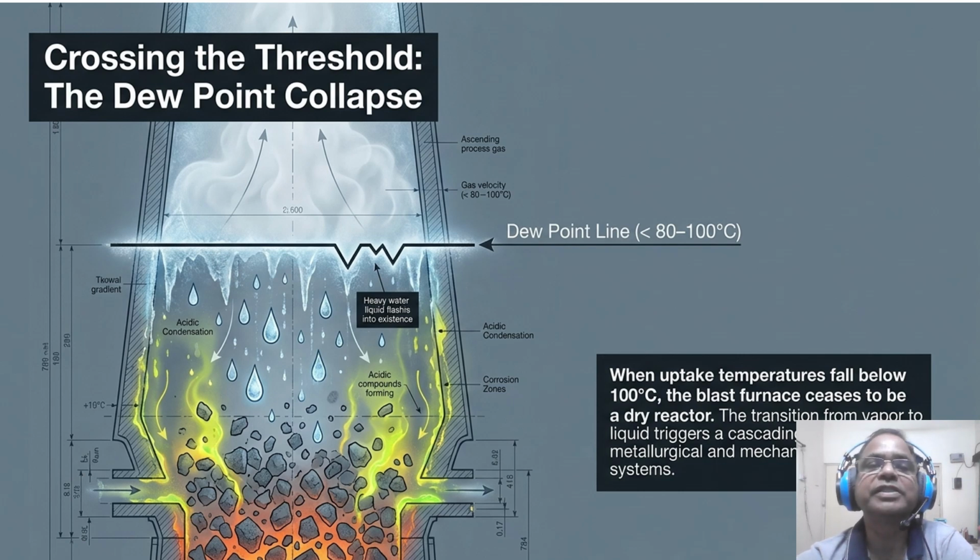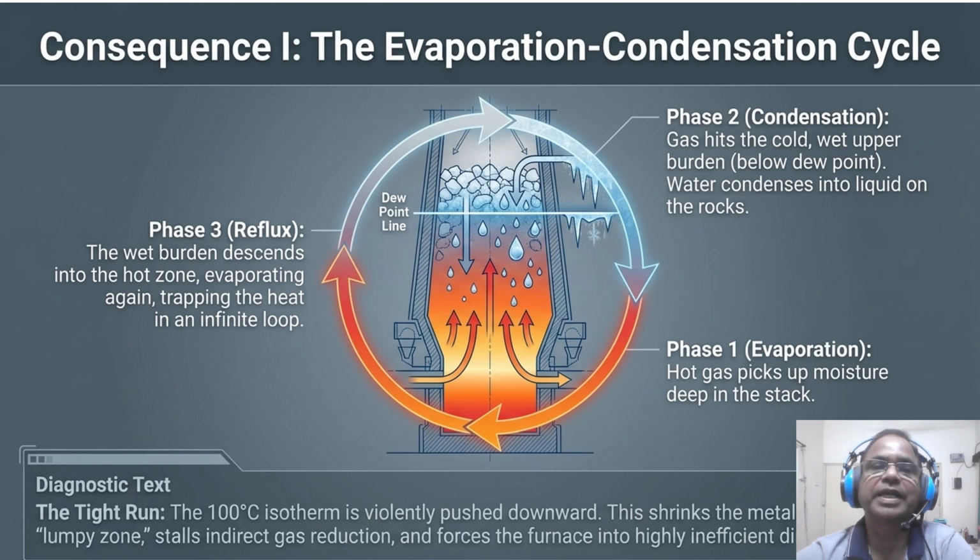Coming to the consequences, one, the evaporation condensation cycle. So as you can see the slide of the consequences one. So follow the reflux loop, that is water evaporation, then it condenses on the cold rock, then descends to re-evaporate, that is phase 3, shrinking lumpy zone.